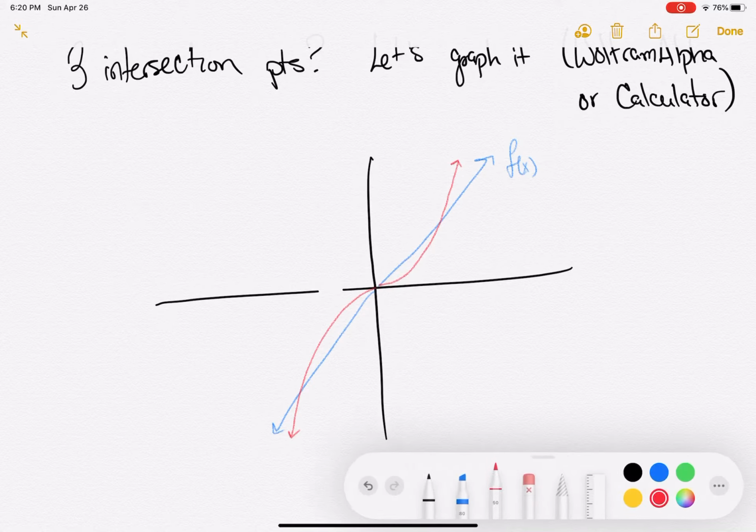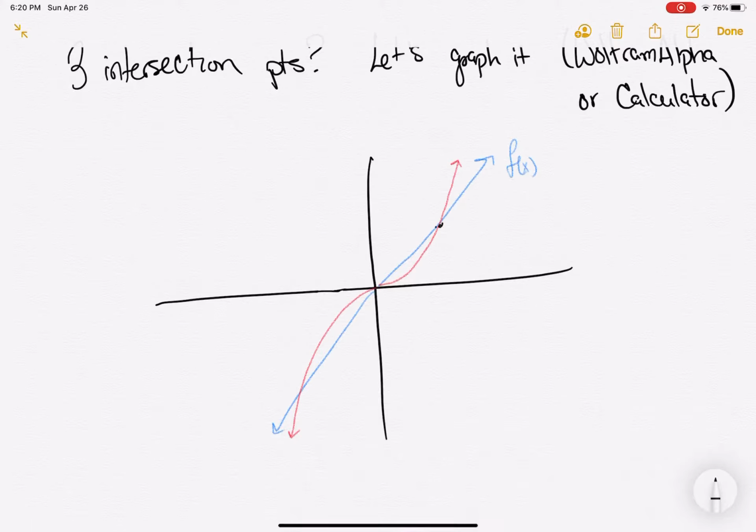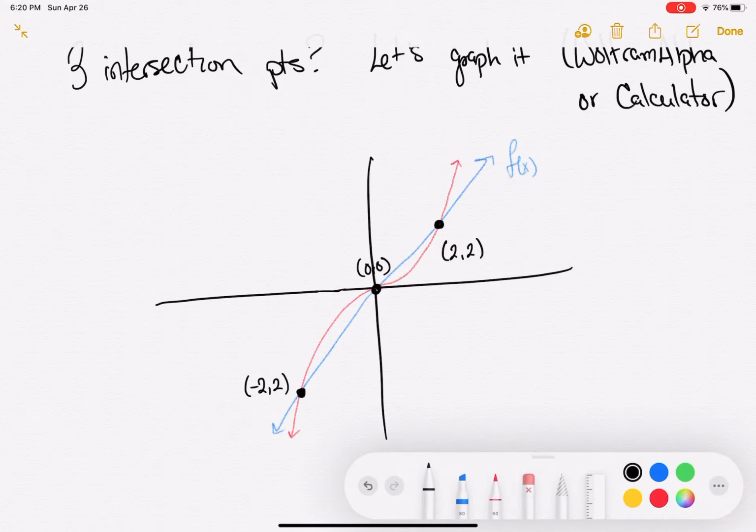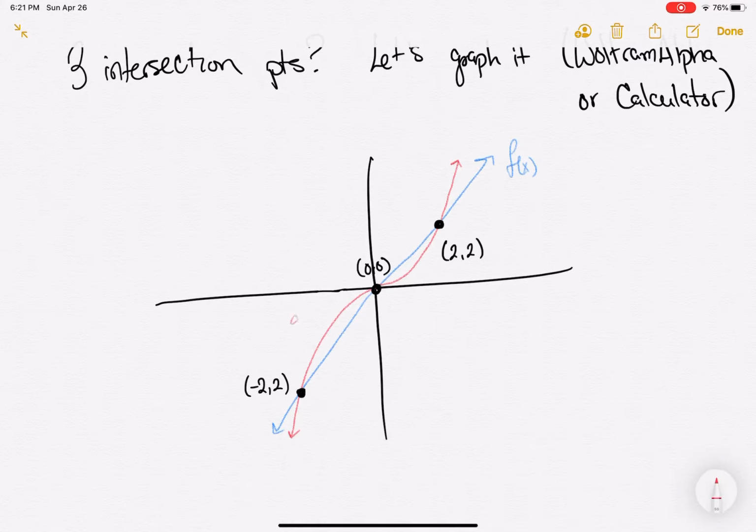So these points here, this is at 2, 2. This is at -2, -2. And this is, of course, at 0, 0. Make sure we know that the red one is g of x.